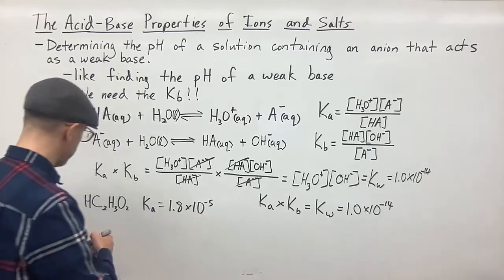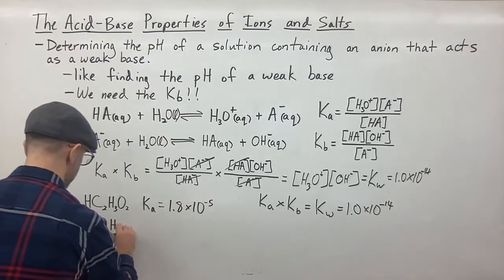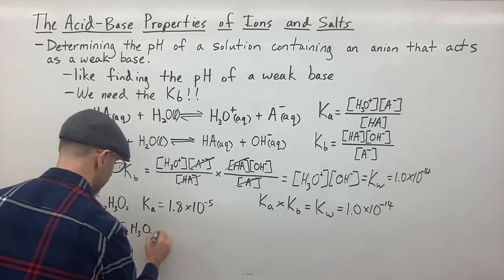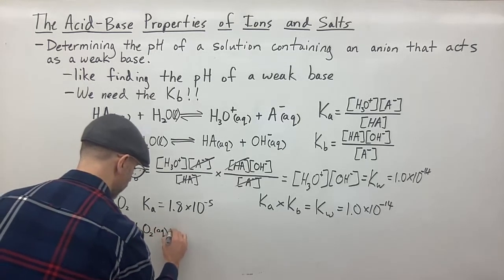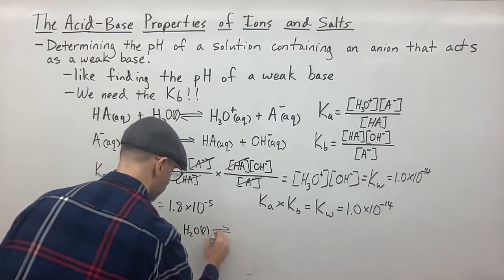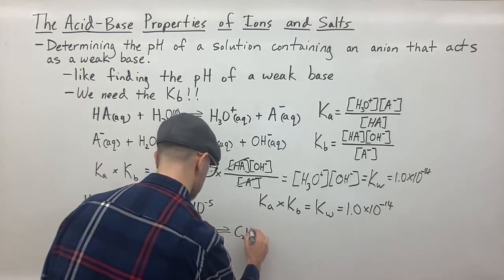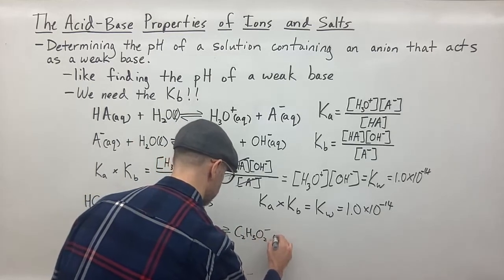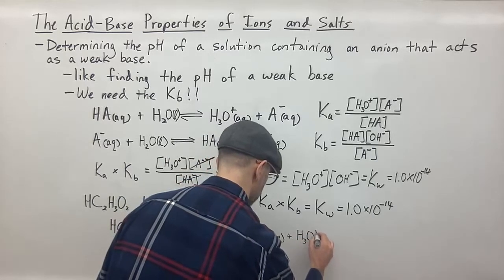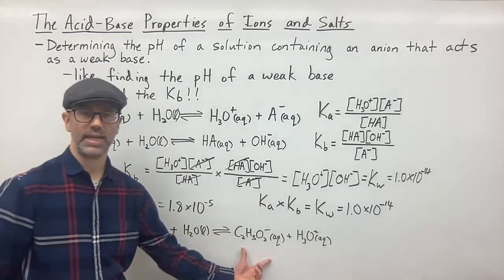Well, notice that here the HC2H3O2 acid is going to react with water, and it's a weak acid, acetic acid is a weak acid, that's going to form C2H3O2 minus plus H3O plus aqueous.